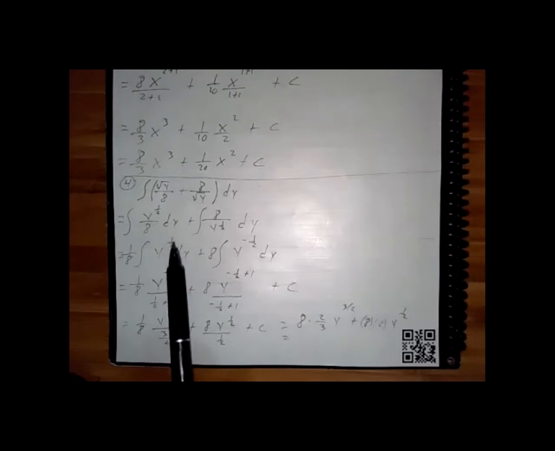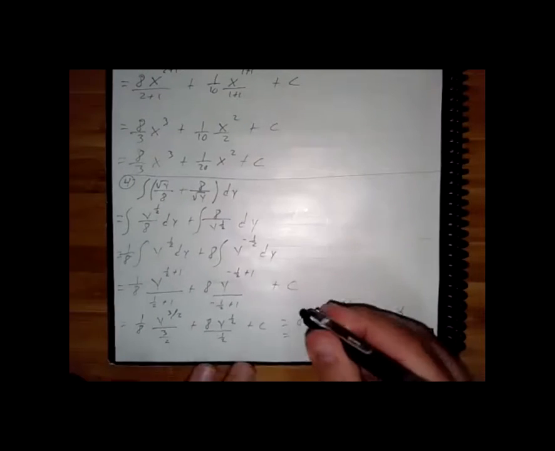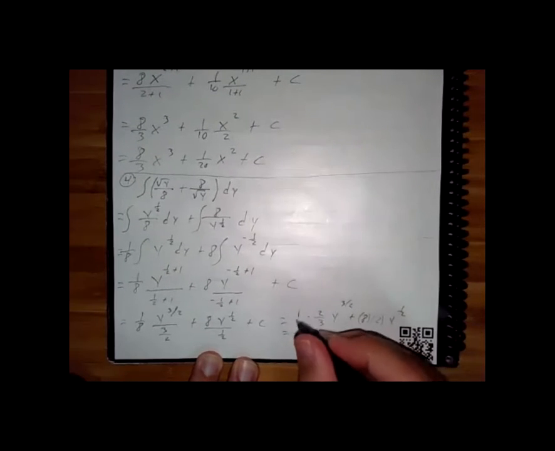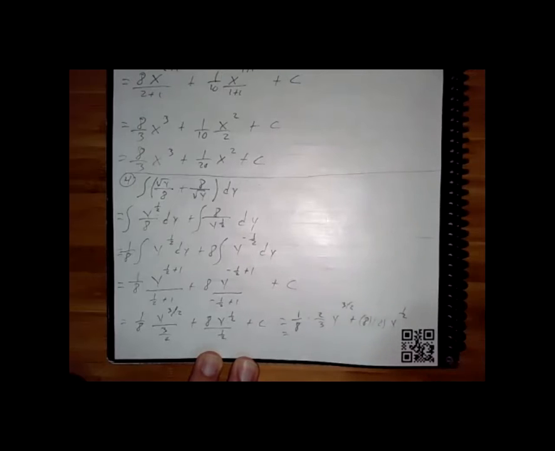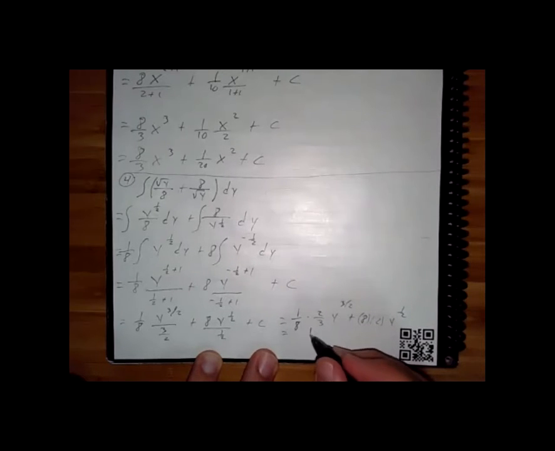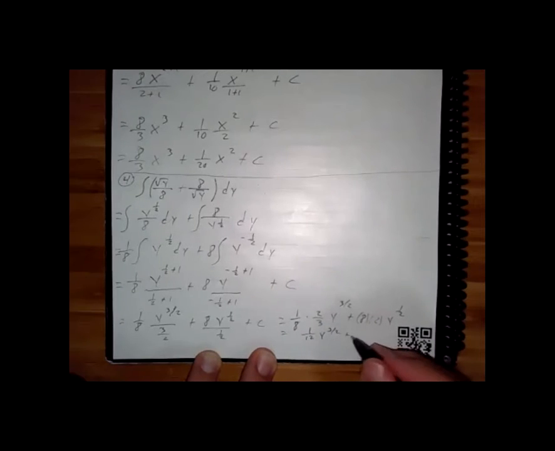I think that the a is supposed to be 1 over 8. Oh, yeah. Thanks. I don't know how it became an 8. So multiplying this guy, that gives the answer of 1/12 y to 3/2 plus 16 y to 1/2.